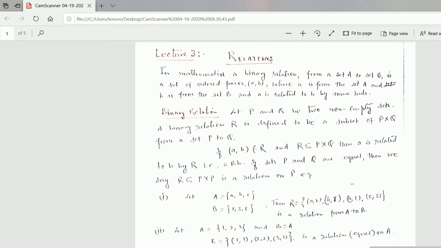When we represent relations using numbers, a relation is a set of ordered pairs. The elements in the relation are the numbers that represent specific coordinate points. A binary relation on a set A is a subset of the Cartesian product A cross A.